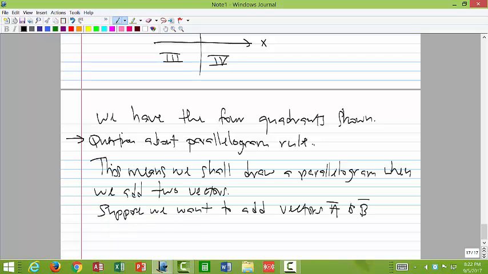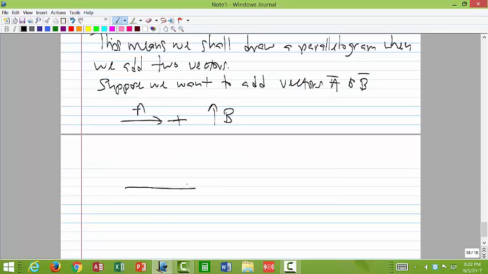So we want to add vectors A and B. By the parallelogram rule, let's say this is A, that's B. The parallelogram rule just means that you're going to take this vector B and draw its mirror image here, and then take this vector A and draw its mirror image there, and then the diagonal between the two is your resultant.